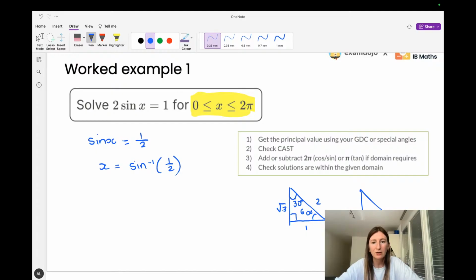There we go. So it's going to be for this one over here. 1 over 2, that means the sine of 30, because that's opposite over hypotenuse. All right, and we're in radians, so it needs to be for 30, which is going to be pi over 6. Just remember, our 30 degrees was equal to pi over 6. All right, so this is our principal value. This is our starting point.